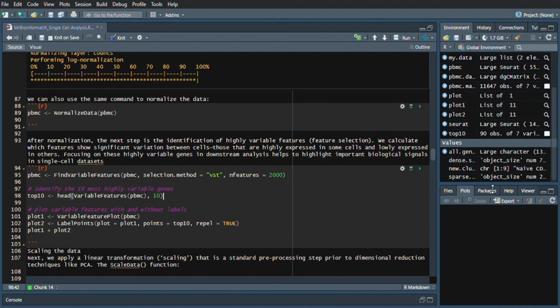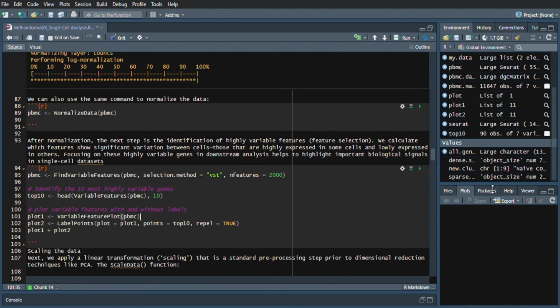And then we identify the 10 most highly variable genes. We use VariableFeatures and we put our data and we write 10. And then we plot the variable features by writing plot1, VariableFeaturePlot, and we put our data for plot1.